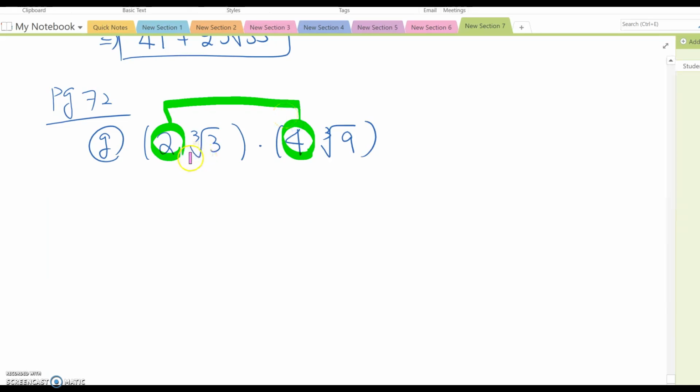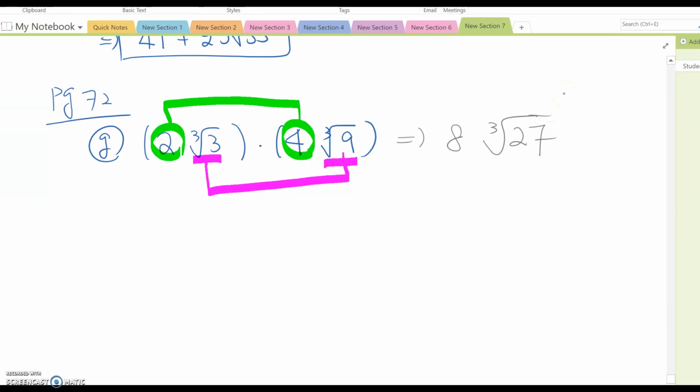And then cubic root 3 and cubic root 9 are the radical numbers, so you only multiply between them. Then it becomes 8 cubic root 27.